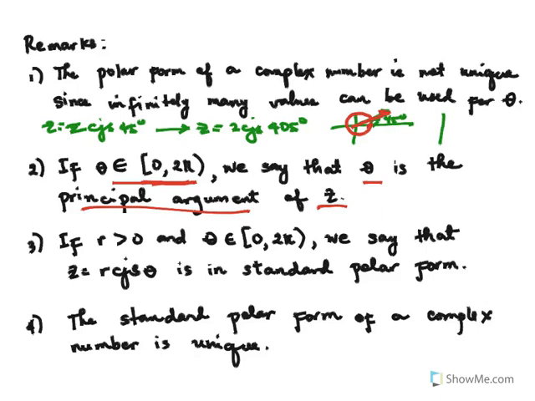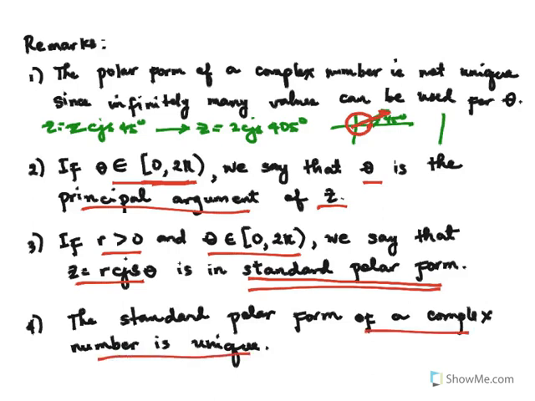So, from 0 to 360 degrees. And if r is greater than 0 and theta is a principal argument from 0 to 2 pi, we say now that z equals r CJS theta is in standard polar form.